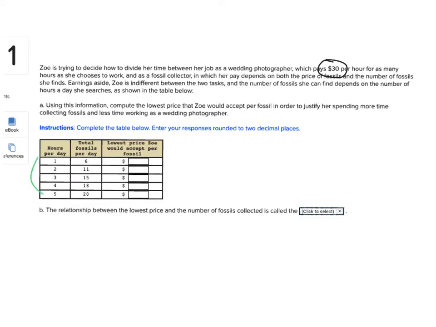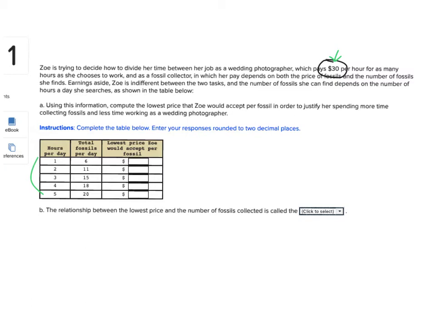And the key insight, the point of this problem, is to see where the upward sloping firm supply curve comes from. The logic here is that Zoe needs to earn at least $30 from collecting fossils if she's going to spend an hour collecting fossils, because she's got this opportunity cost of $30 an hour as a wedding photographer.